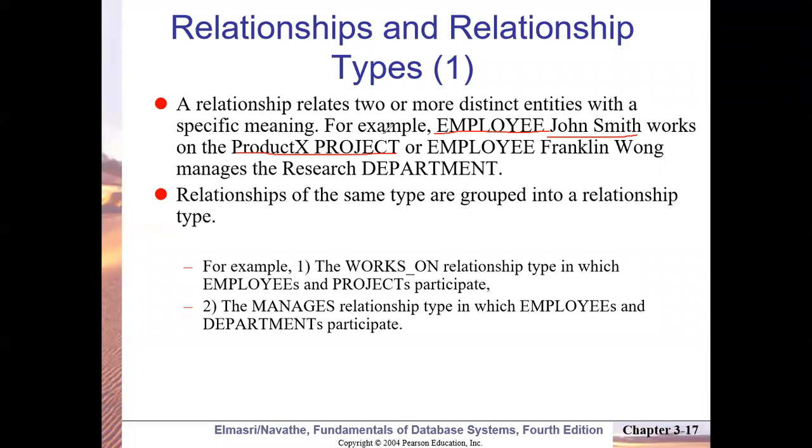That means among multiple projects, there is one project called product X on which employee John Smith works. So when we talk about the relationship between the entity John Smith and product X, how do you define that relationship, which term do you use?